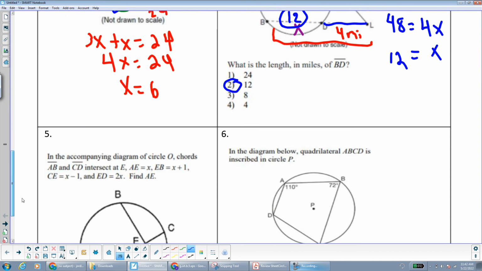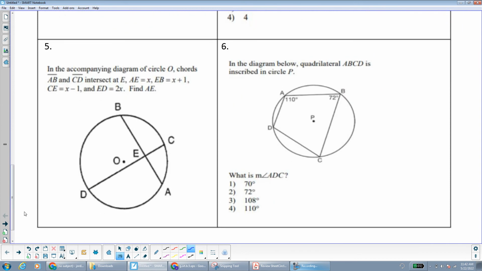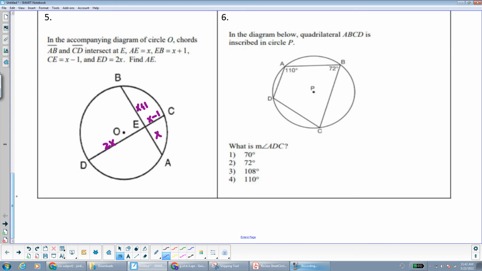Okay, moving down. Here we are told that AE is X, EB is X plus 1, CE is X minus 1, and ED is 2X. And we are looking for AE.